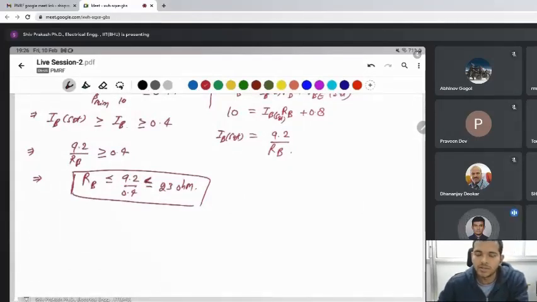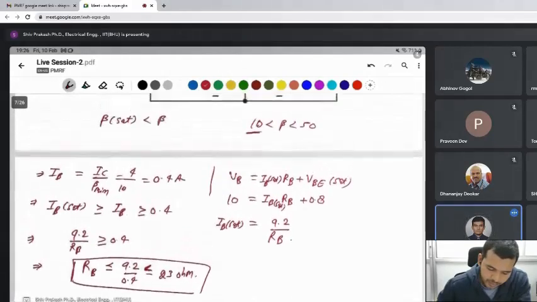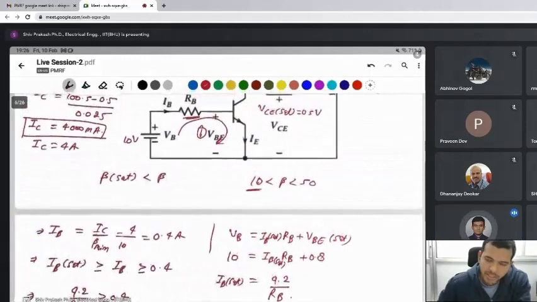Student: Sir, I have a question. Because beta ranges from 10 to 50, why should I not take 50, sir? Teacher: Because in the saturation condition, beta should be lesser, to ensure the saturation region, you take the least value, 10 or less than 10.